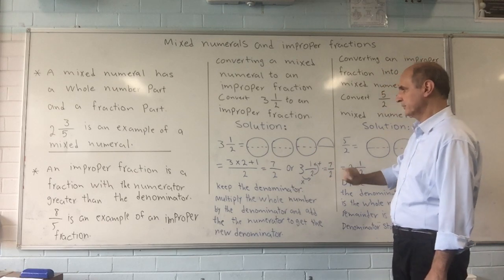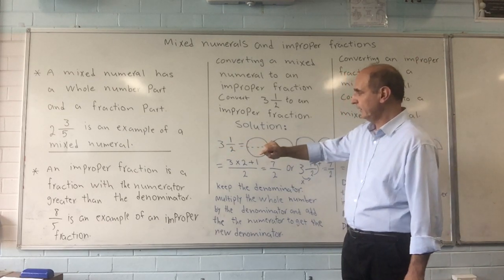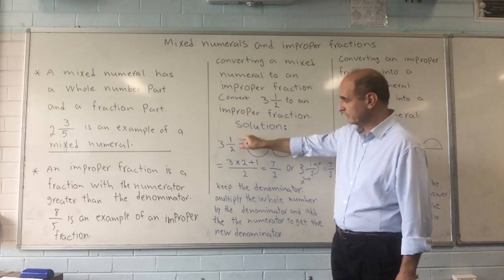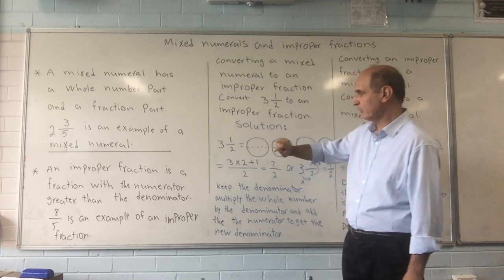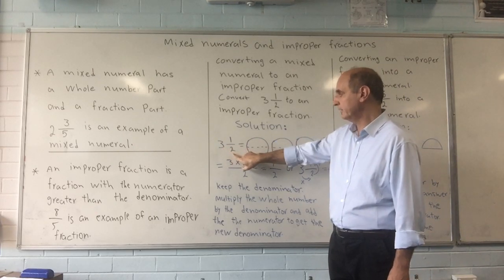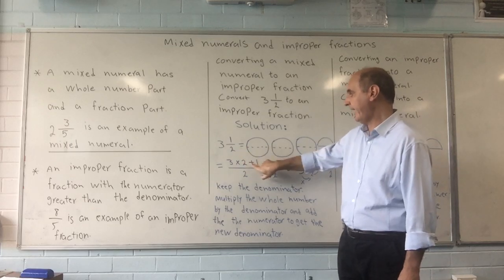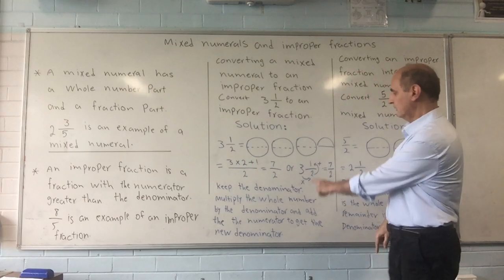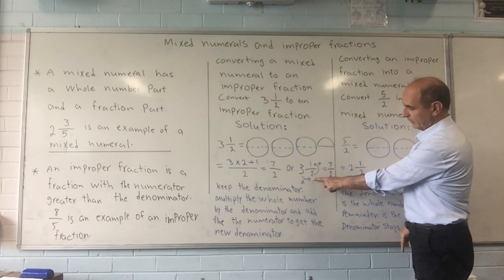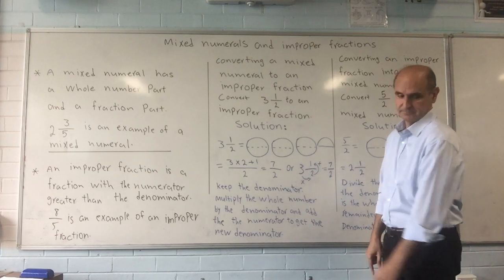In other words, to change a mixed numeral into an improper fraction, multiply the whole number by the denominator, then add the numerator.